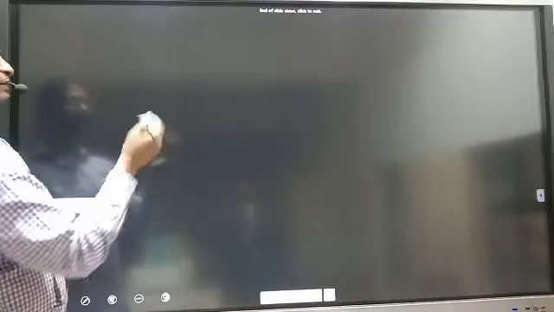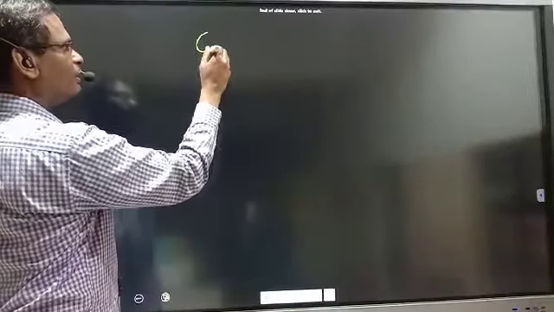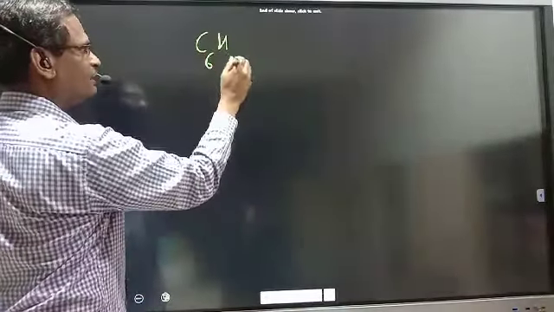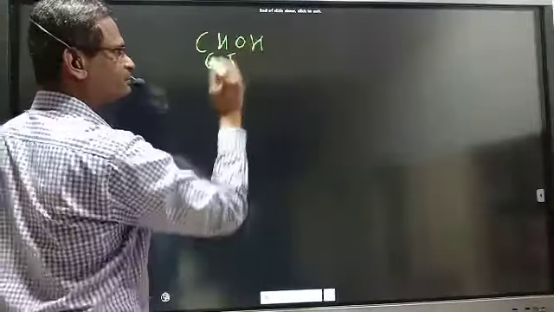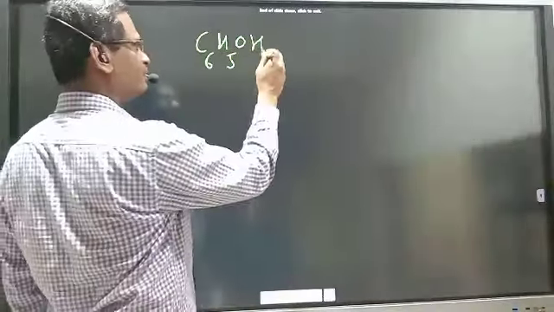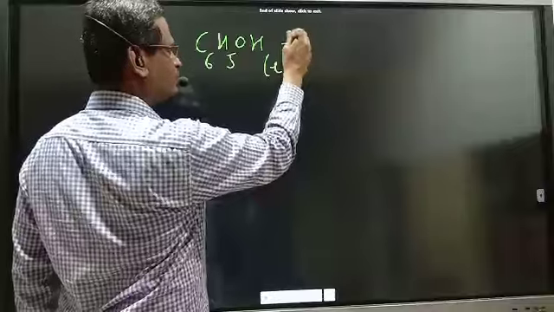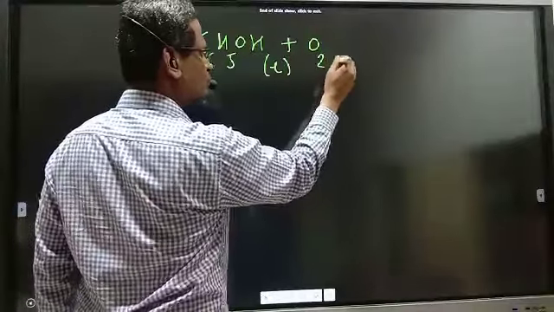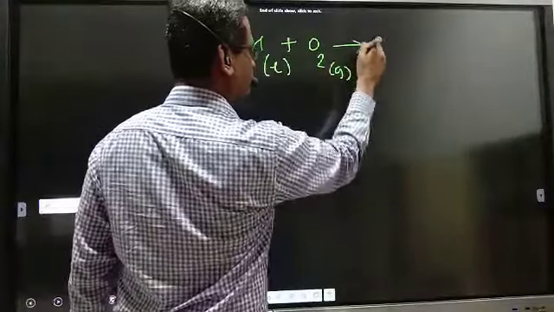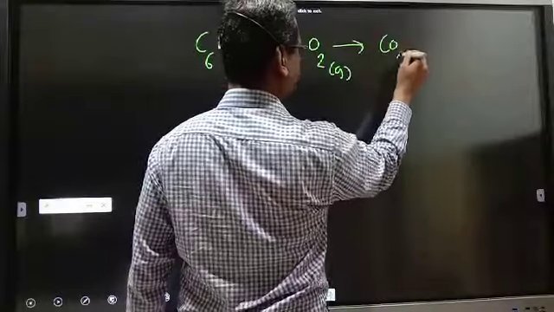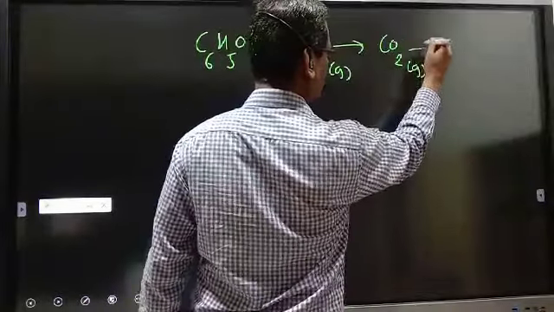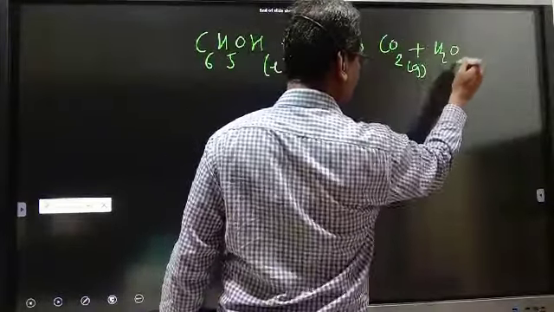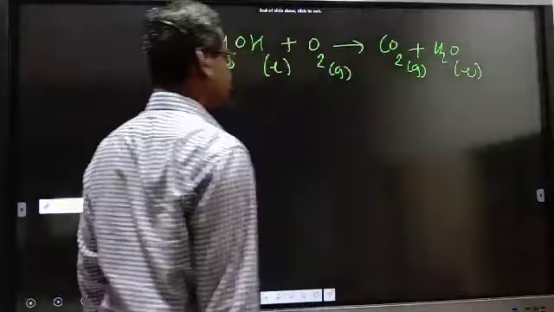See, one more example I am telling here. Suppose we have C6H5OH, this is liquid, plus O2 gas, giving CO2 gas and H2O liquid. Balance this reaction.